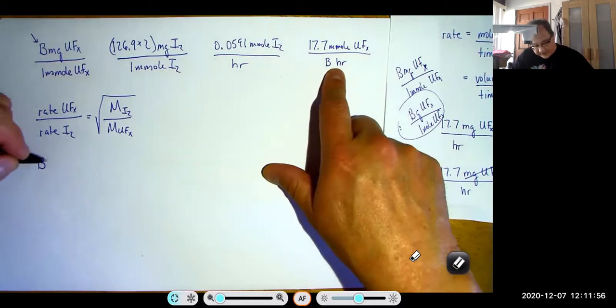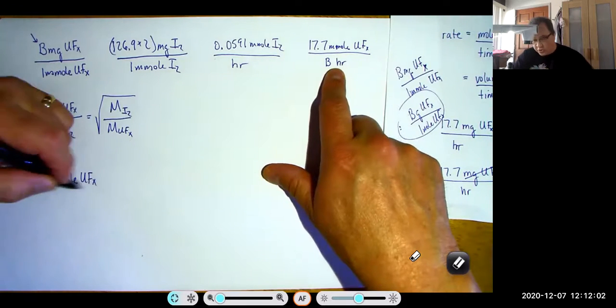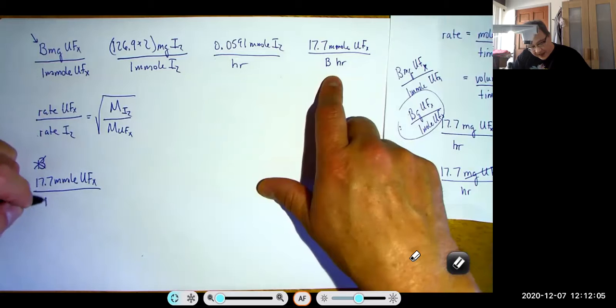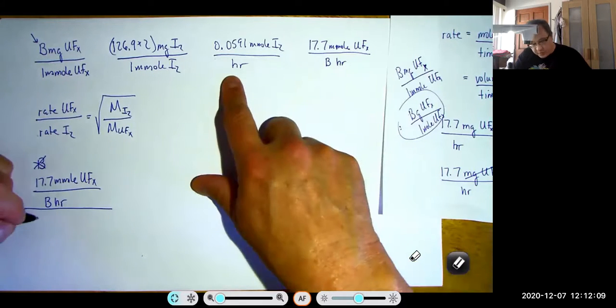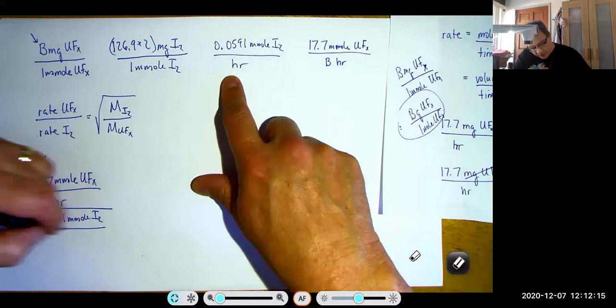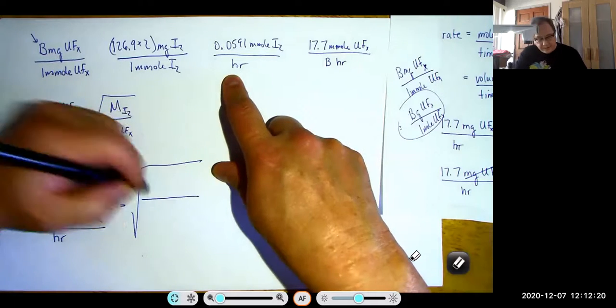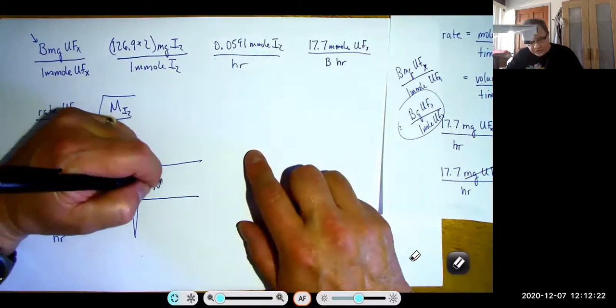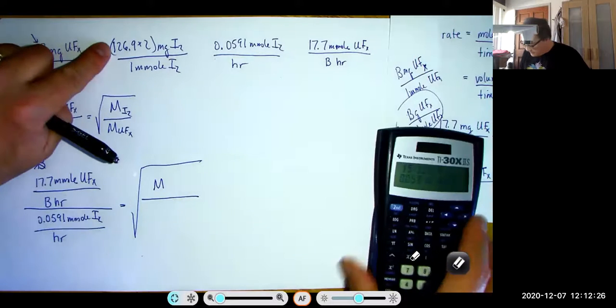So I've got 17.7 millimoles of uranium fluoride per B hours, all of that over 0.0591 millimoles of iodine per hour is equal to the molar mass of I2, which is, let me just go ahead and multiply this out.